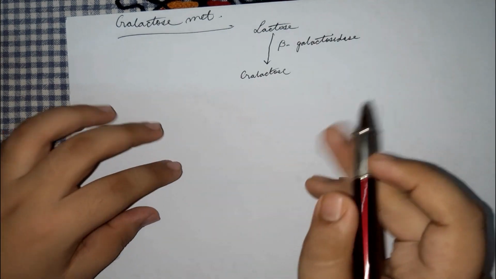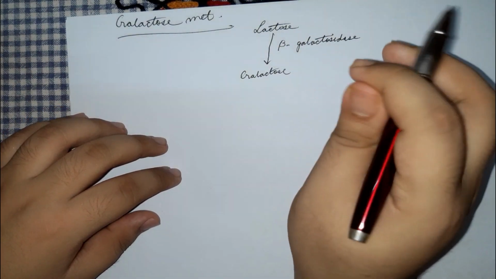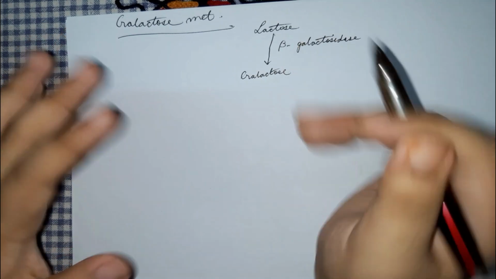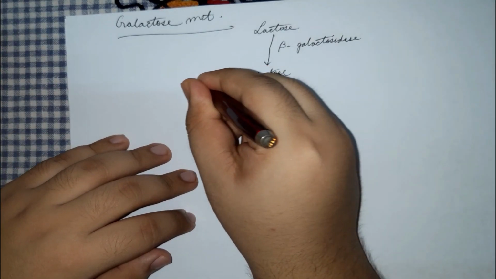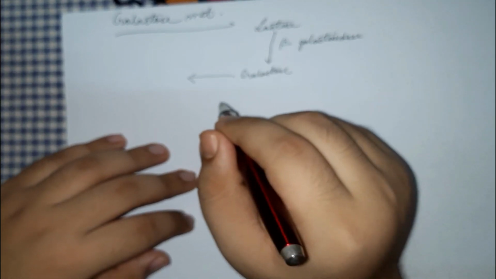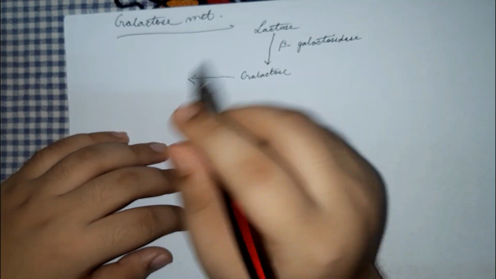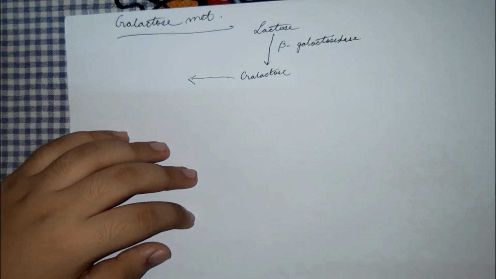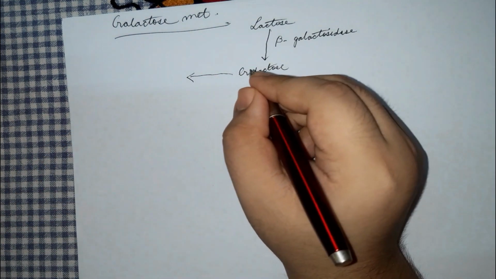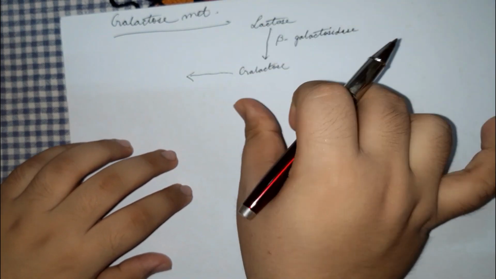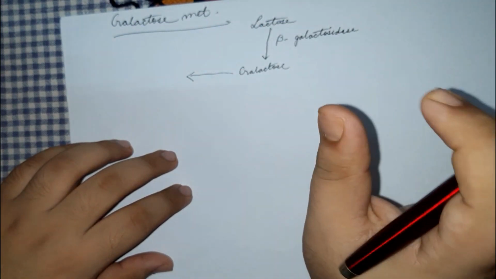Let's see how that happens and what is formed. There is no first or second or third fate. One of the things that can happen to galactose is that it can be reduced then and there itself.